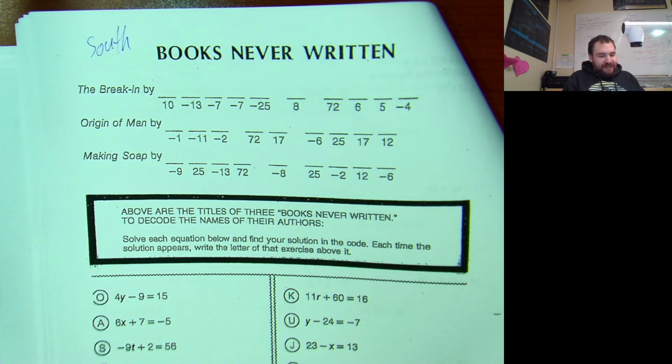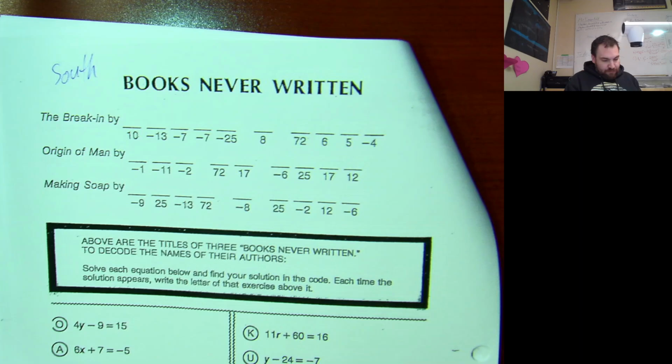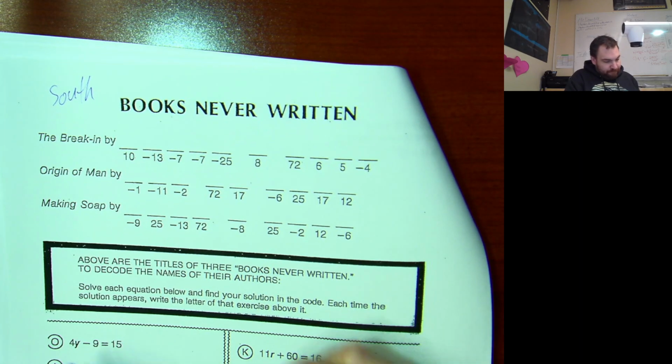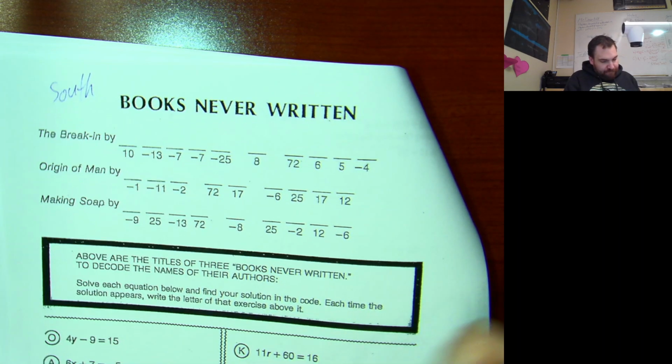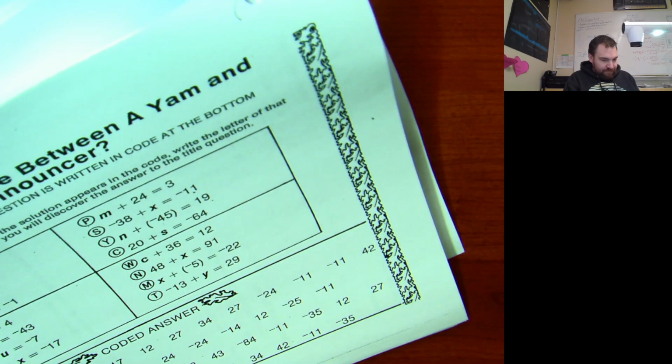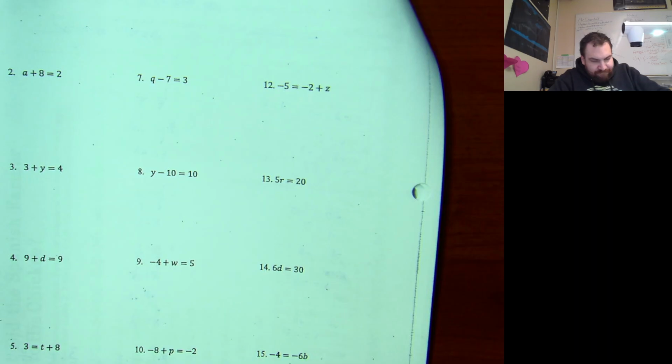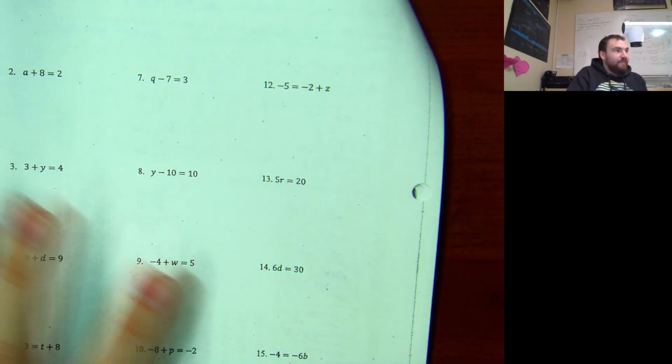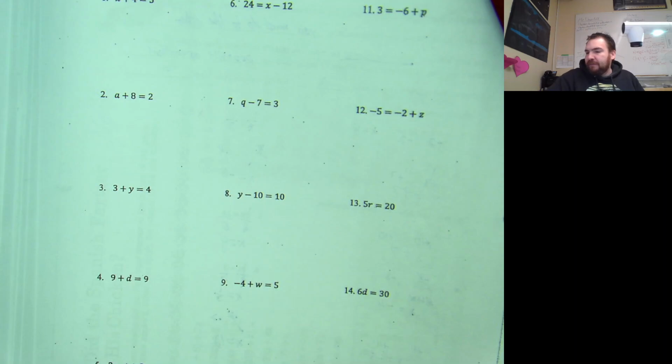South side is books that were never written. North side is the difference between a yam and a TV announcer. We'll see how that goes.